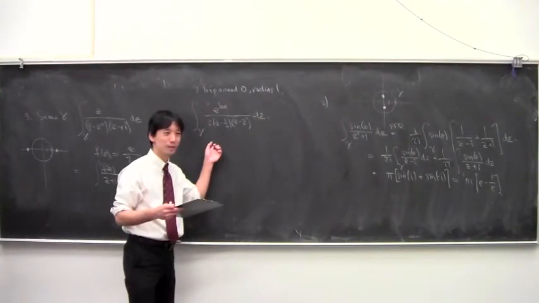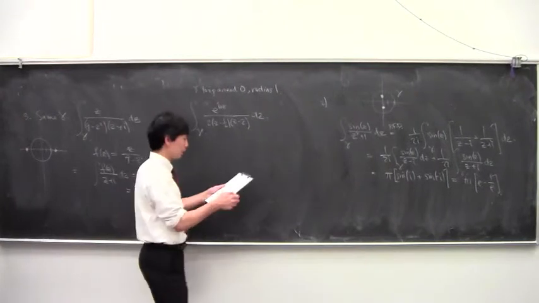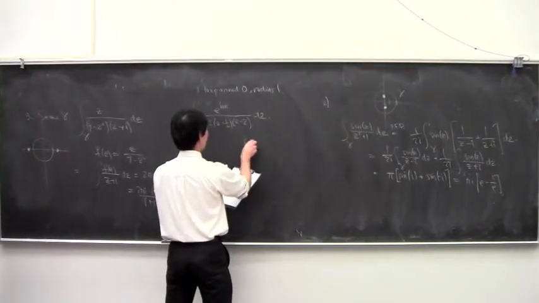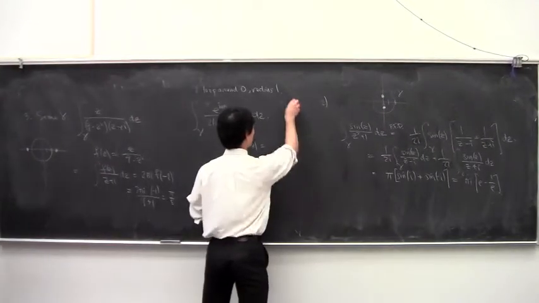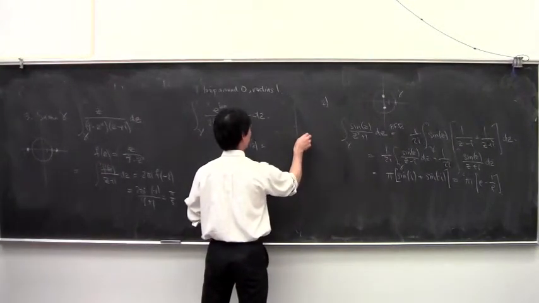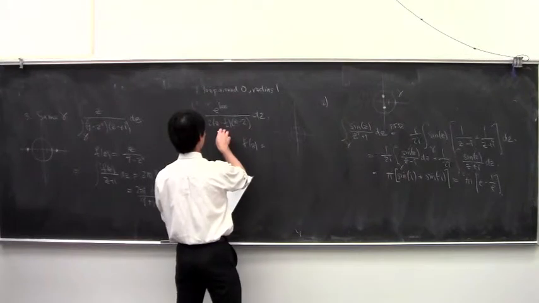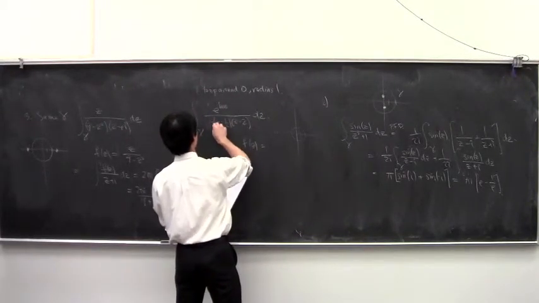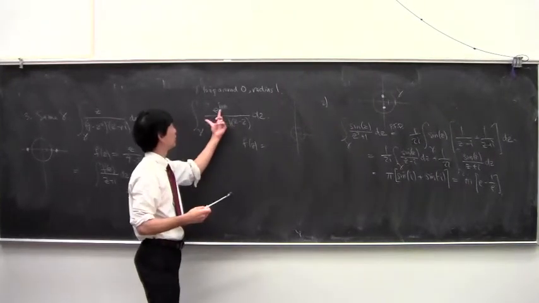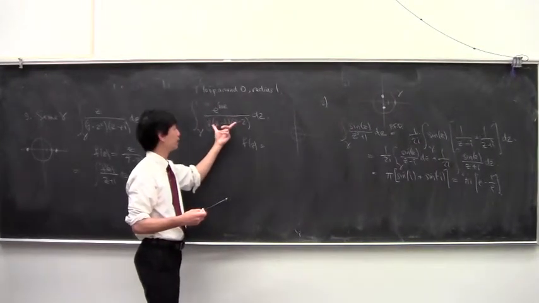Does anyone want to see it? Okay. So you take as your f, you've got something of radius 1 around 0. You look at it and say, well, this function here is analytic there.